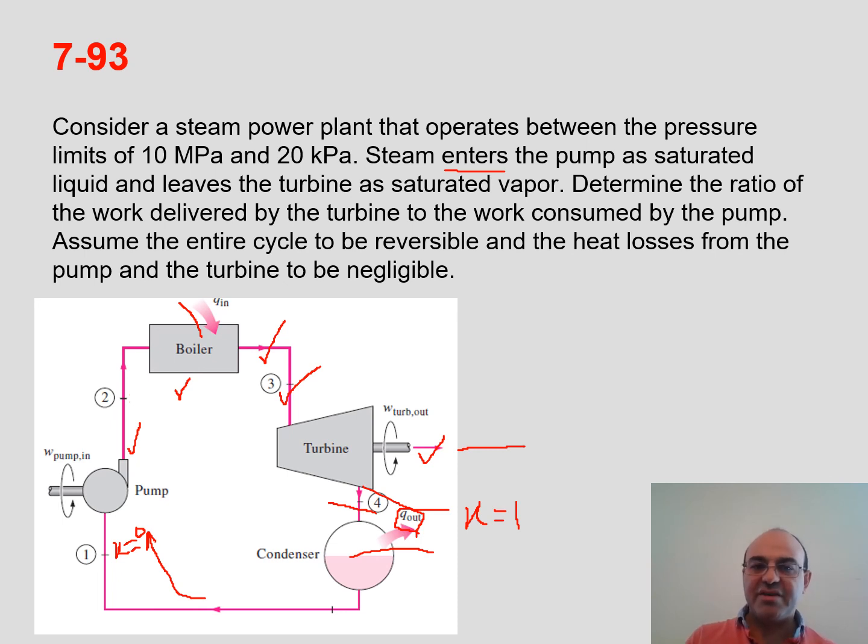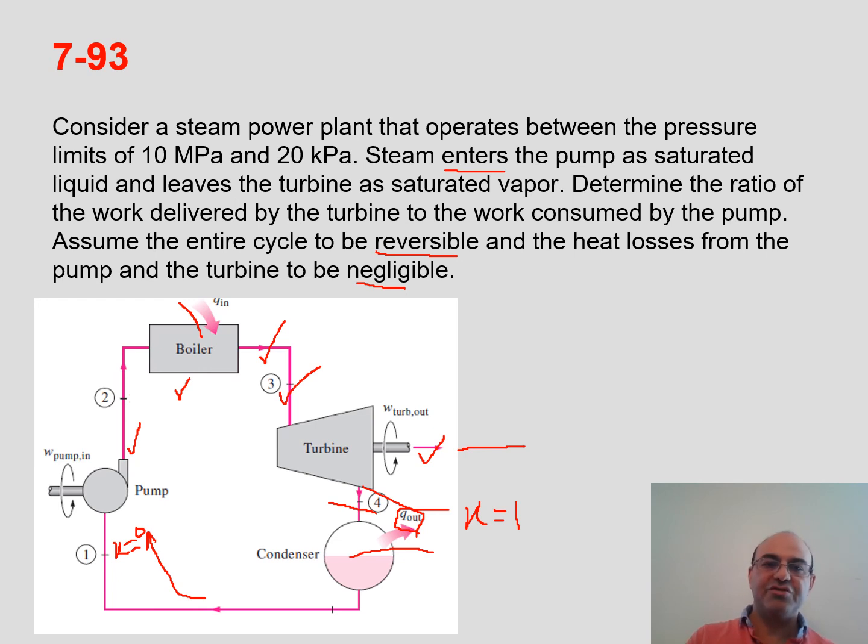So determine the ratio of the work delivered by the turbine to the work consumed by the pump. Assume the entire cycle to be reversible and the heat losses from the pump and the turbines to be negligible. So it means that the turbine is isentropic and the pump is also isentropic because there is no heat loss and there is no irreversibility.